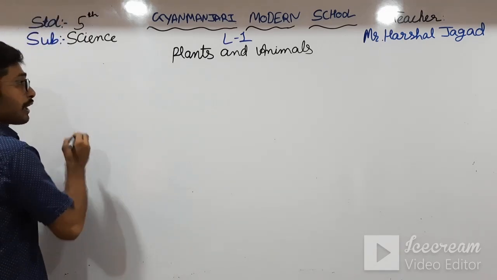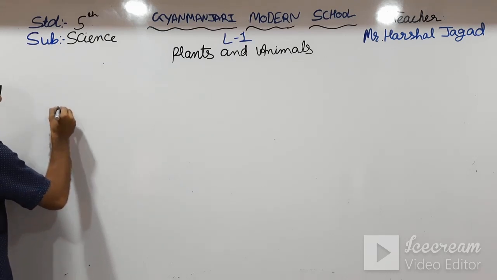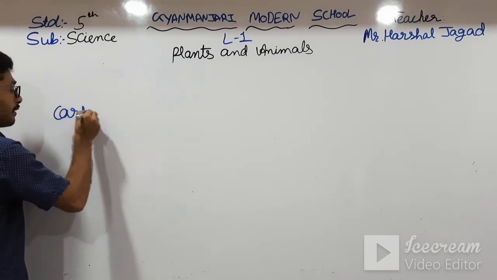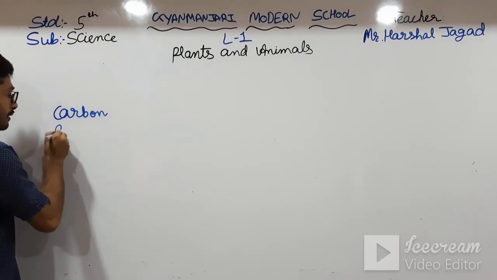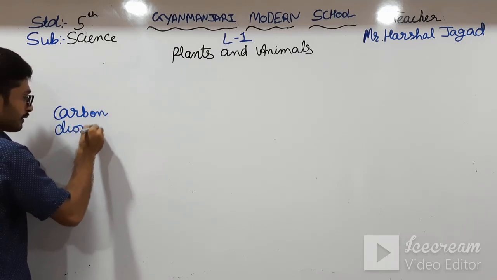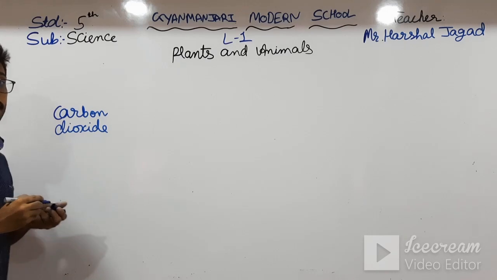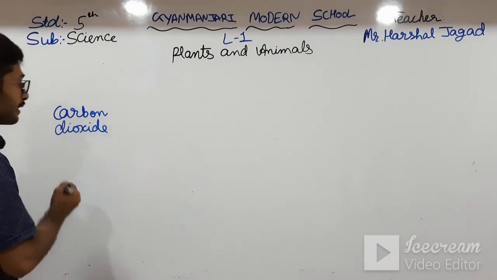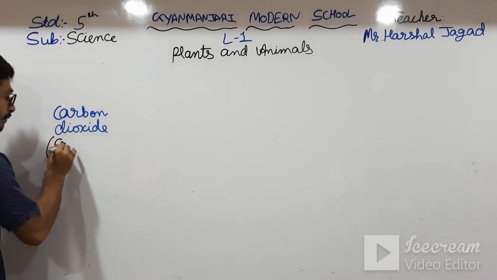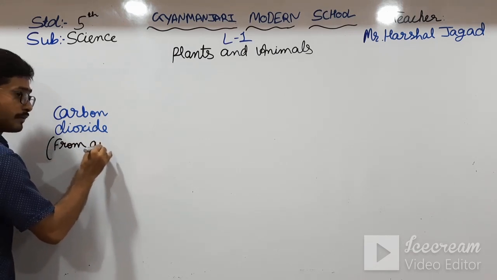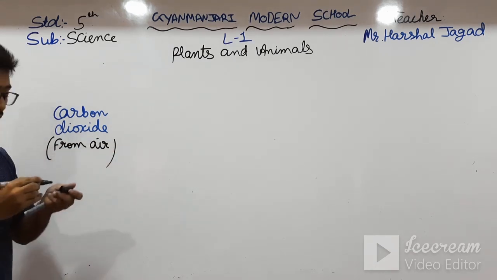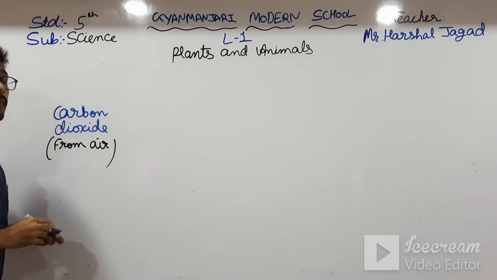Carbon dioxide from air. From where does the plant get carbon dioxide? They get carbon dioxide from air.